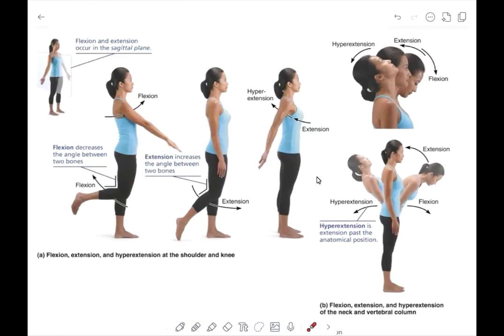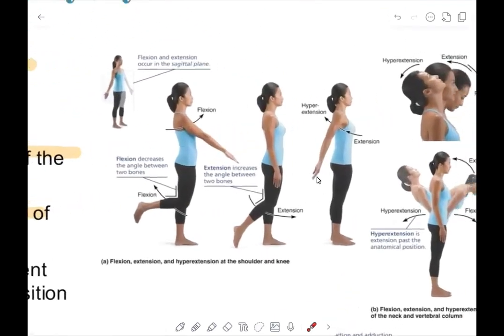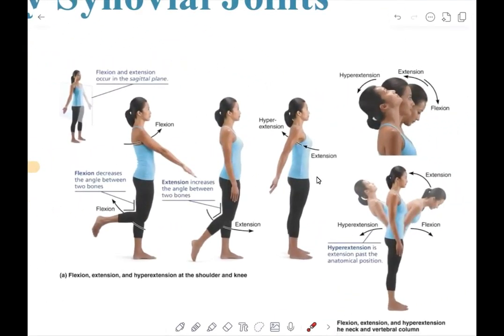By doing that, it changes the angle of that joint and decreases the angle because it's getting closer to the head. So it was 180 degrees, but she's decreasing the angle. So it's always in reference to that angle. If she were to bring her arm back down, it would be extension because she would be returning to a 180-degree angle. But you can do these with multiple joints.